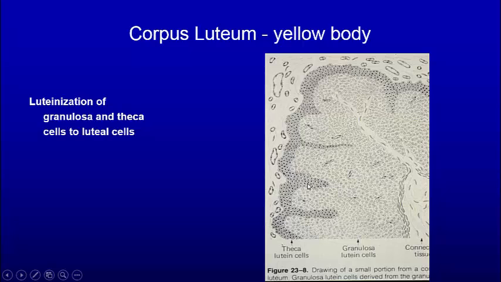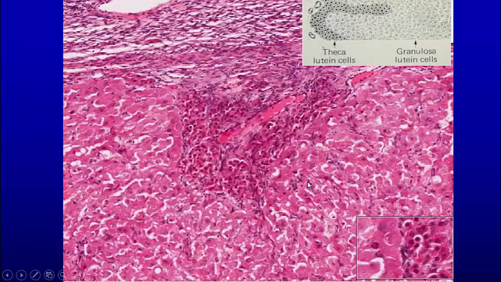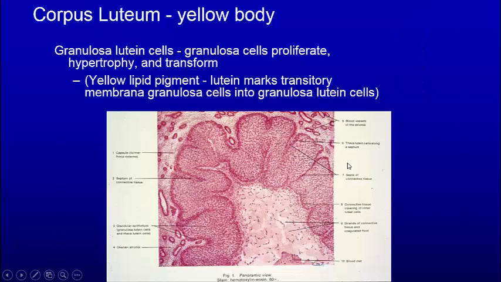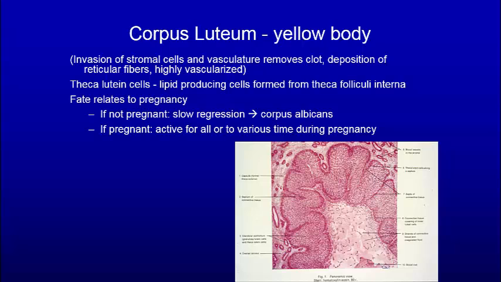Theca lutein cells are smaller cells, so we can see that right here, usually around the periphery because that's where they were in the beginning. The granulosa lutein cells proliferate, hypertrophy, and transform, and that is what we know as luteinizing, and that's how it got the name luteinizing hormone. It's a yellow body.